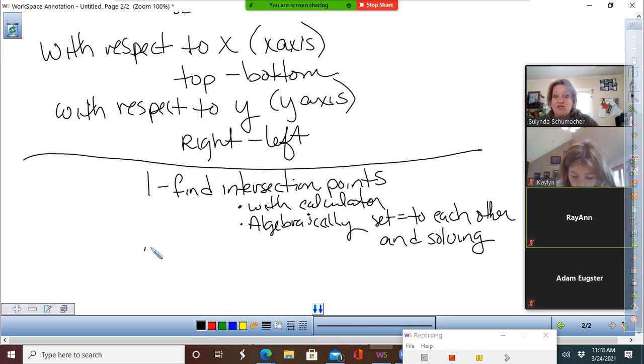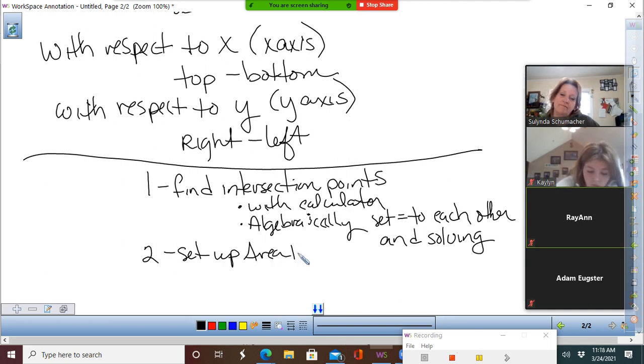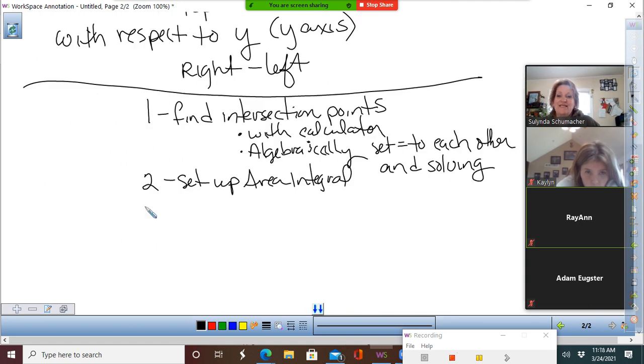All right, so step 2, once we find what those bounds are, we're going to set up our area integral. Step 3, we're going to find the antiderivative.